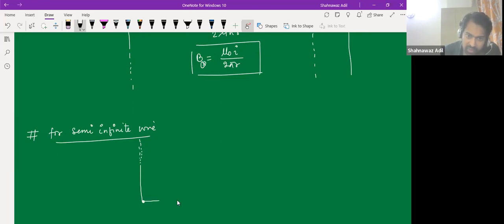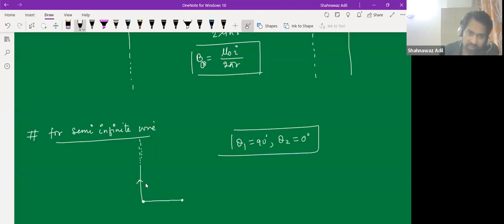So if I calculate the magnetic field at this point, my theta 1 is 90, but theta 2 is 0. Okay. So then my magnetic field would be how much? Mu naught I by 4 pi r, and sine 90 plus sine 0. Sine 0 is 0, this is 1, so this would be mu naught I by 4 pi r.